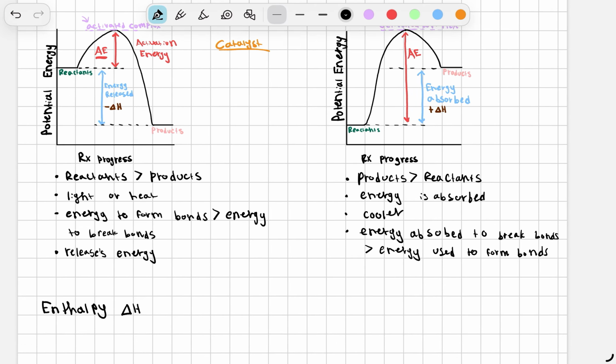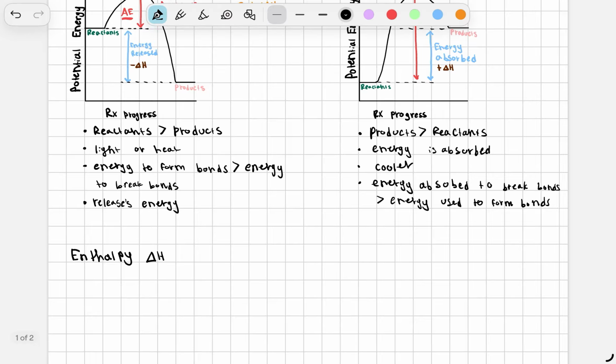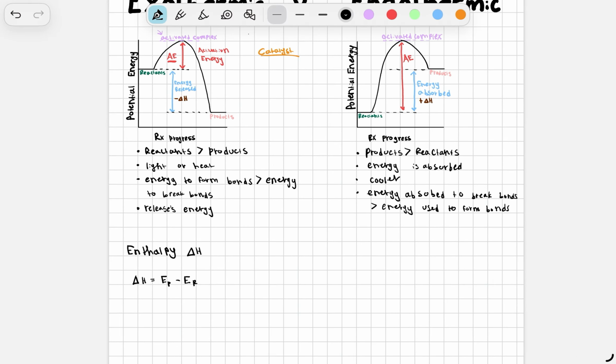Now let's talk about enthalpy. So enthalpy is the total heat of a system, and it is calculated as the change of enthalpy equals the energy of the products minus the energy of the reactants.